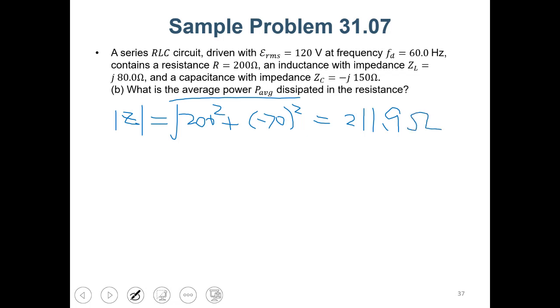So P average will be E RMS squared over the absolute value of Z, times cosine phi.